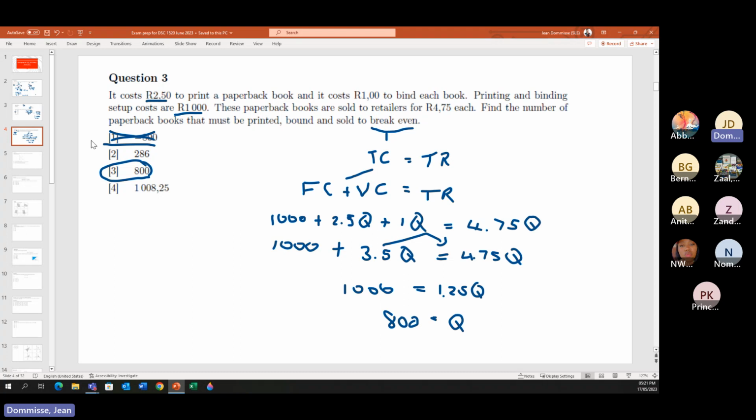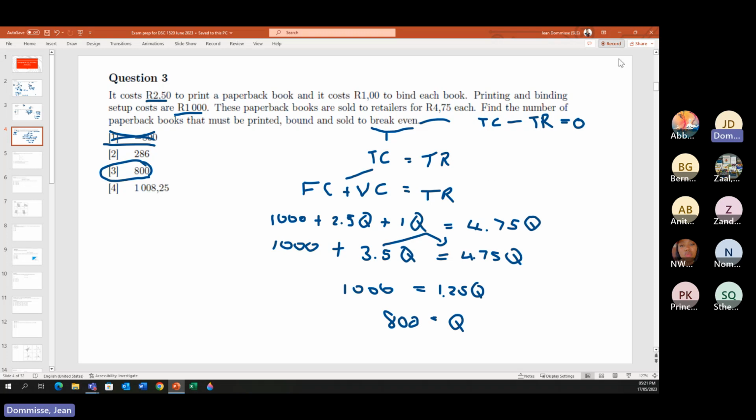Or another way could have been to say break even is when your total cost minus your total revenue is equal to 0.